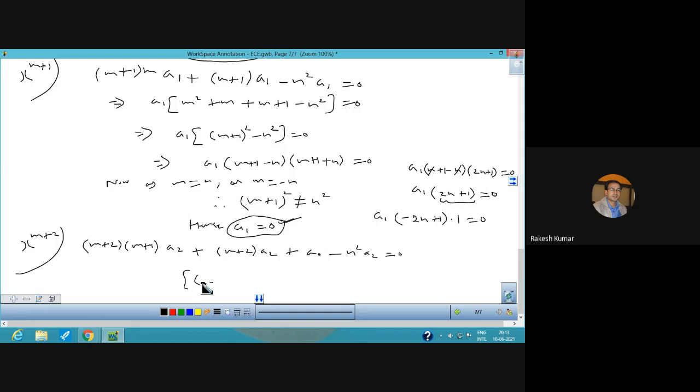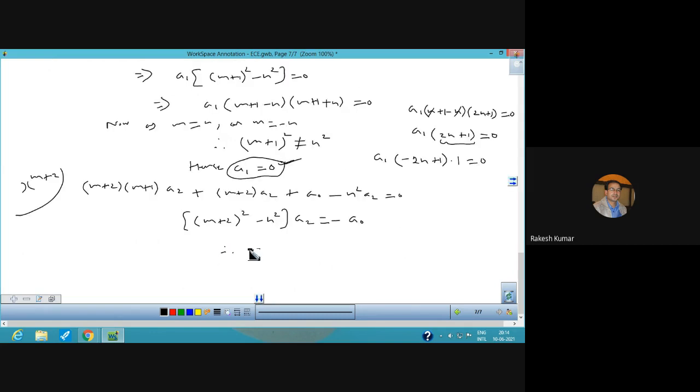So you can simplify a little: m plus 2 whole square minus n square into a2 is equal to negative a naught. A naught is taken to the other side. So you can find out the value of the second constant a2 in terms of a naught. So this is the value of the constant a2.